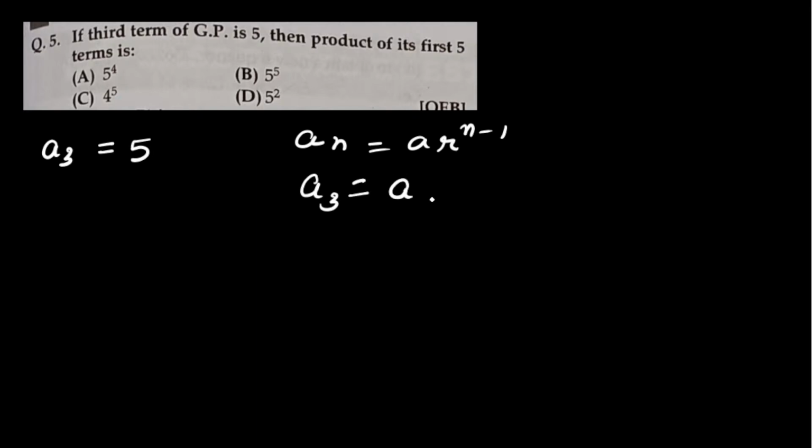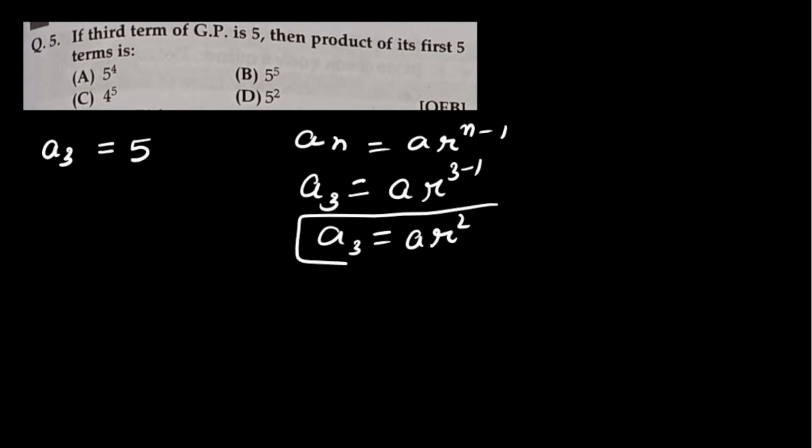A3 is equal to A into R to the power 3 minus 1, so A into R square is equal to 5. This is given to us. Now the product of its 5 terms we have to find.